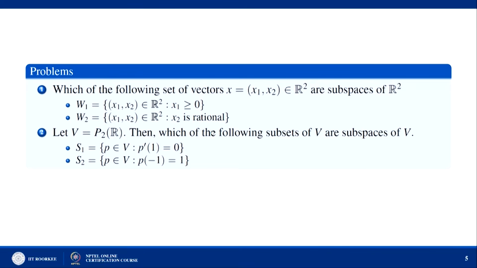Okay. Now, if you take the second example of the second problem, here we have taken P in V such that P at minus 1 equal to 1. Now, one important thing is that the additive identity of a vector space and all subspaces of that vector space are the same.